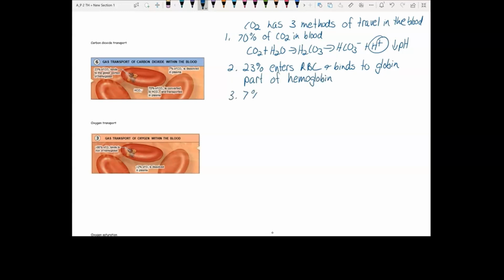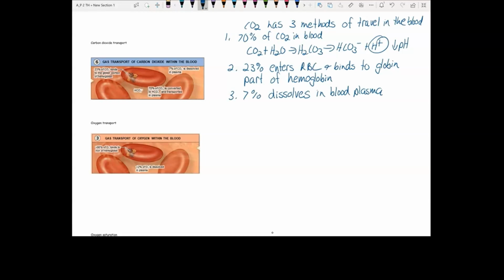Then the remaining 7% just dissolves in the plasma in your blood. It doesn't bind to anything, it doesn't react with anything, it just hangs out in the blood plasma.